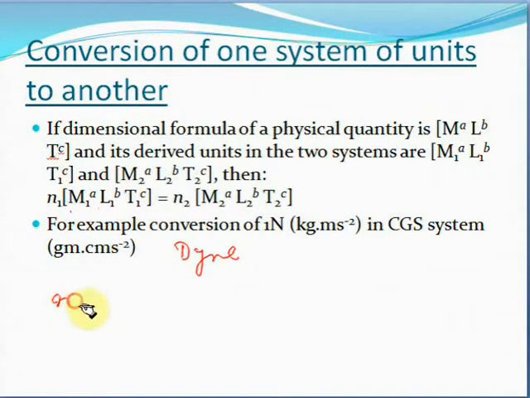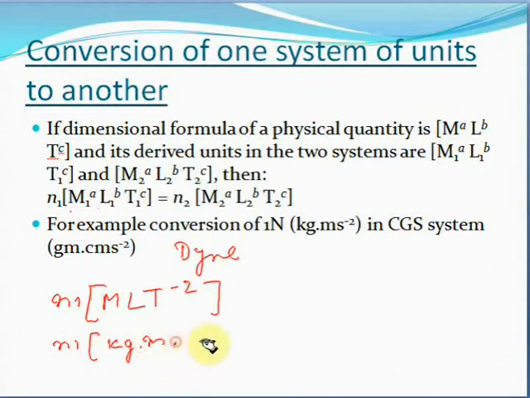So suppose in SI system the dimensional formula for force is MLT to the power minus 2. So in SI system we can write n1 into kilogram into meter into second to the power minus 2 is equal to n2 into gram into centimeter into second to the power minus 2.